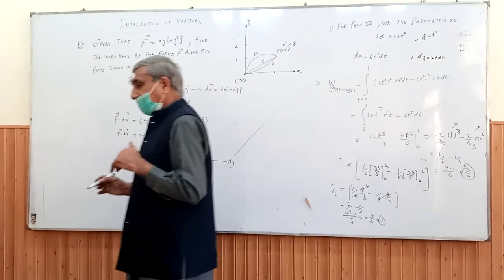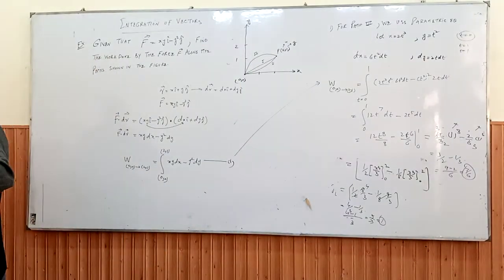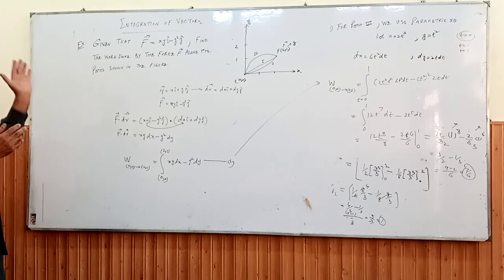Now remember, in all that we have used three different types of equations. First, for the straight line, use the straight line equation. Second, for the parabolic part, you will be given the parabolic equation. And for the third part, you have to use the parametric equation, which will also be given to you.